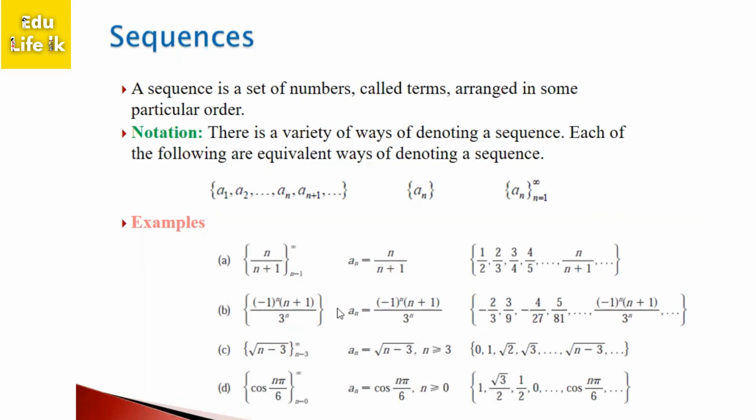That means a sequence can start with n equal to 0, n equal to 3, n equal to 2, n equal to 1, n equal to 10, or whatever integer. But if we have special sequences like that, the starting value, the initial value, will be given. So here n starts with 3, and here n starts with 0.